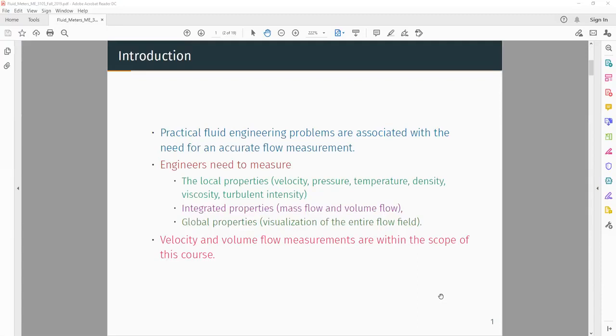Engineers need to measure the local properties, that is the velocity, pressure, temperature, density, viscosity, and turbulent intensity. Not necessarily all of these will be needed. We will need all of these in case of a juice industry, but in a thermonuclear power plant, we need to measure the temperature and density of the fluid very carefully.